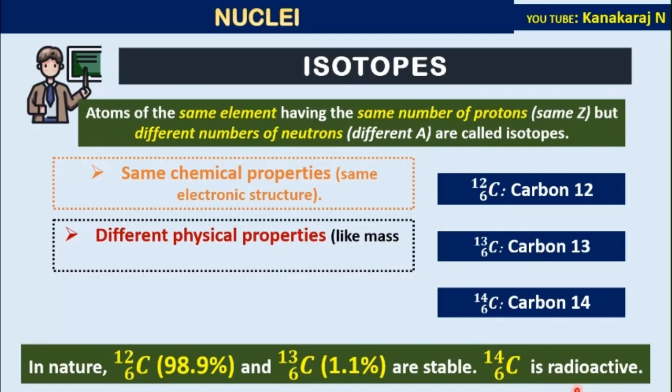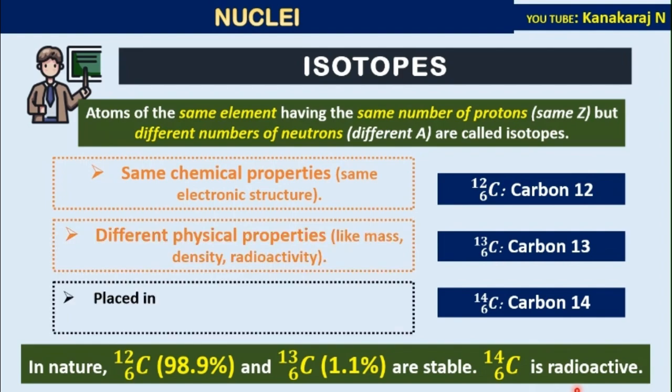Isotopes have different physical properties like mass, density, radioactivity. Third, isotopes are placed in the same position in the periodic table. In the periodic table, isotopes do not have different places.